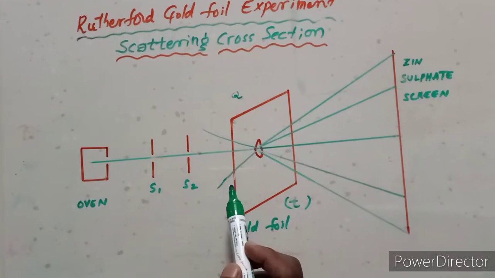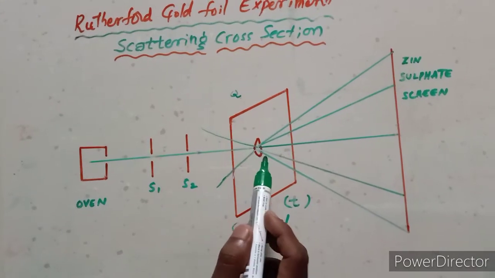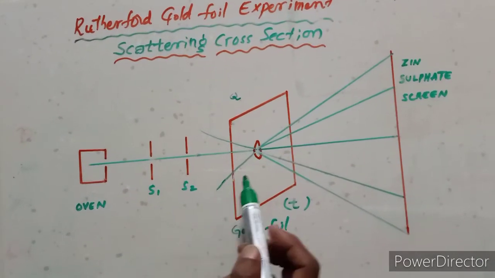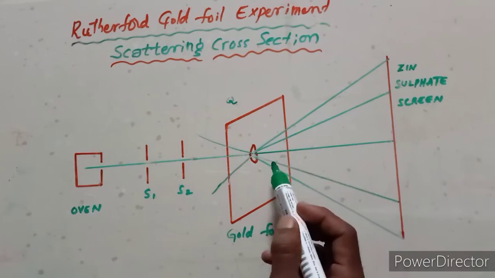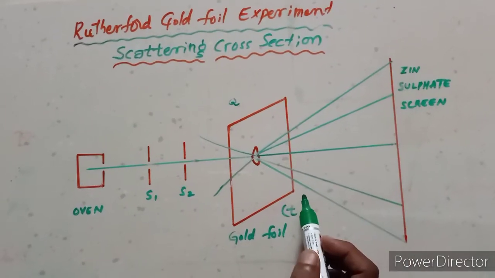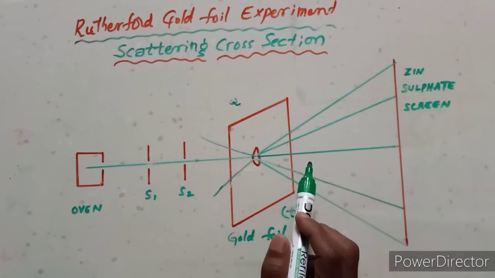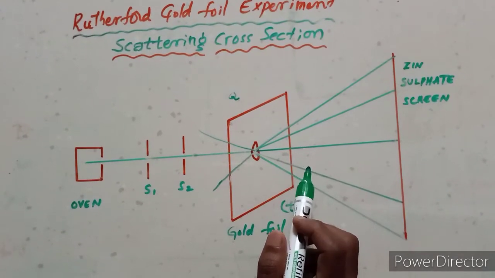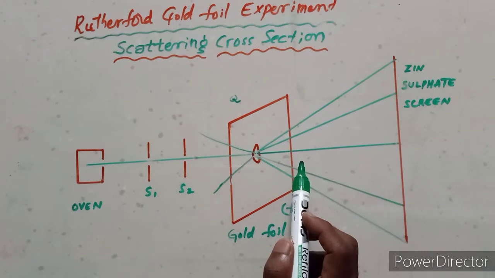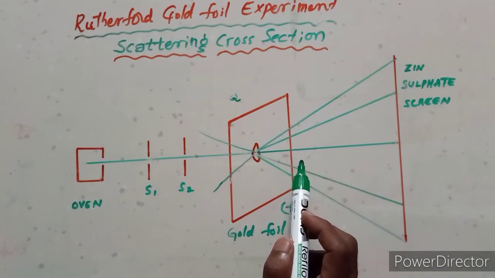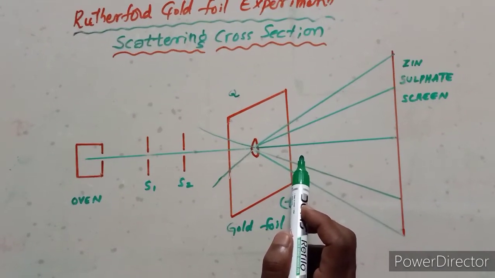Due to the repulsive force, some alpha particles come back, and some are scattered in this way. So in this experiment, we only study the scattered alpha particles. In the next video clip, we observe the experiment clearly.